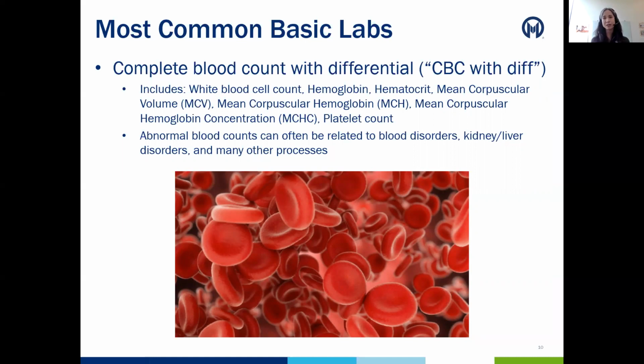Abnormal blood counts can be related, of course, to many different blood disorders, but also many different bodily processes, including chronic kidney issues or chronic liver diseases, etc. I'll go into greater detail about all the different blood count findings that we can see and their meaning later.